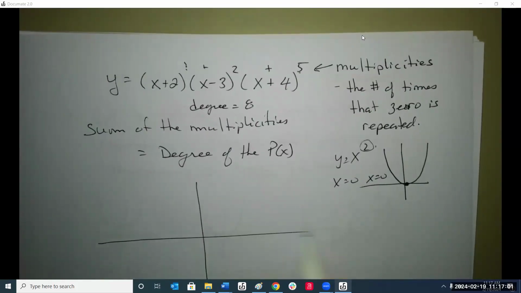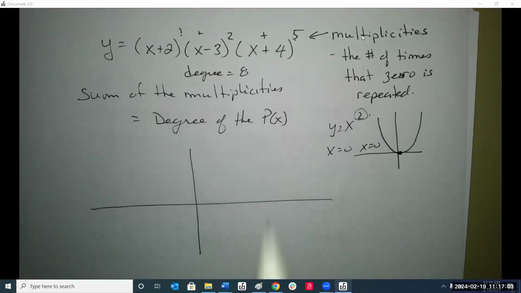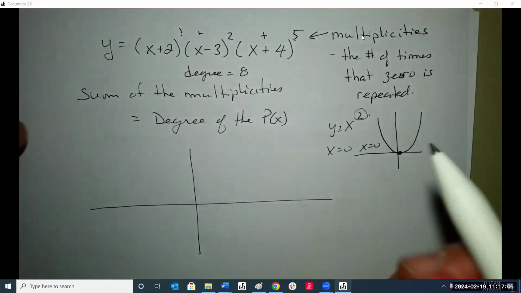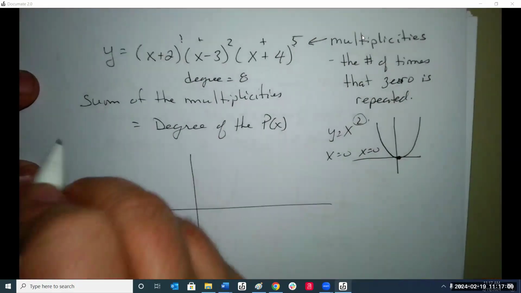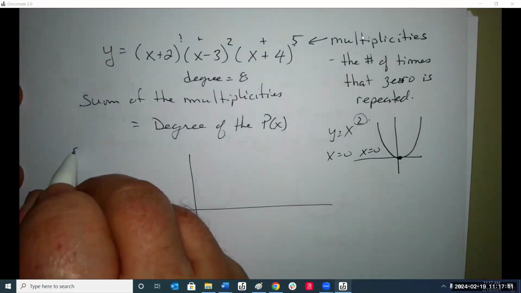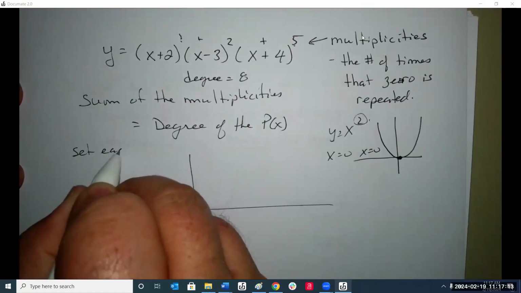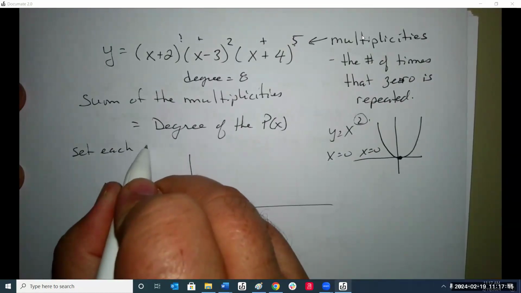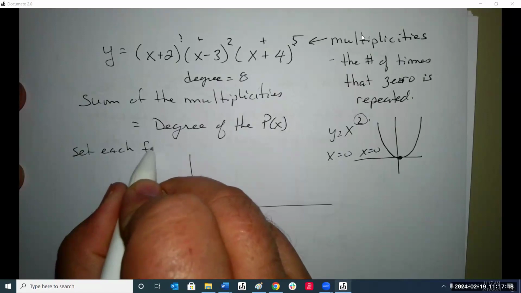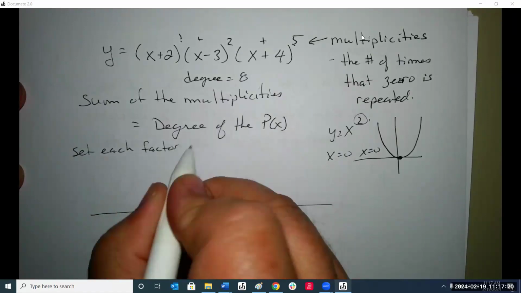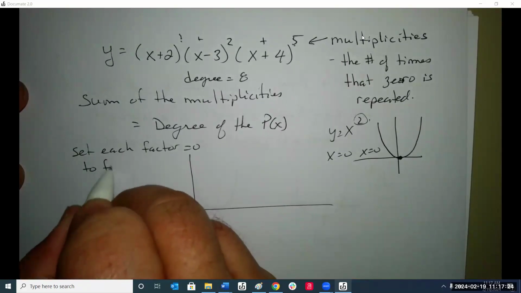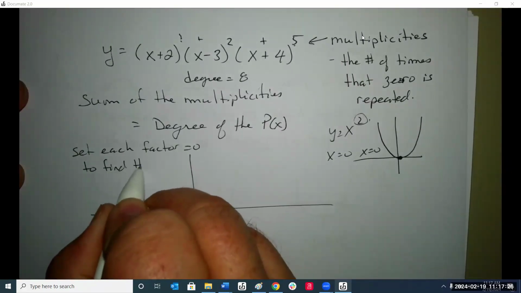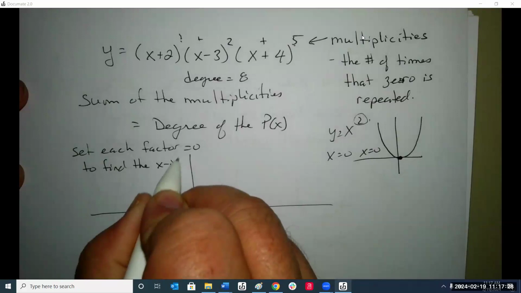So what good are the multiplicities? Well, first off, we know what the zeros are. Each factor, set it equal to 0 to find the x-intercepts.